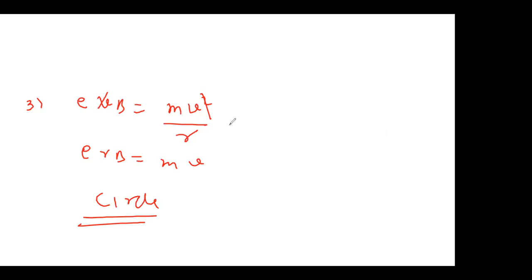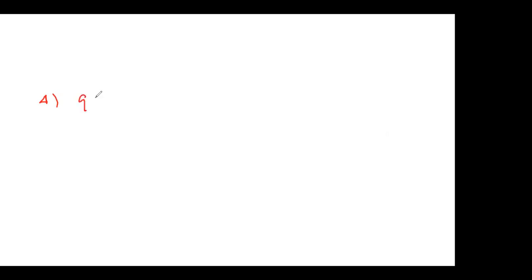Fourth. An electron and proton are injected into a uniform magnetic field perpendicular, with the same momentum. So wherever I see the mass into velocity term, I can cancel that.